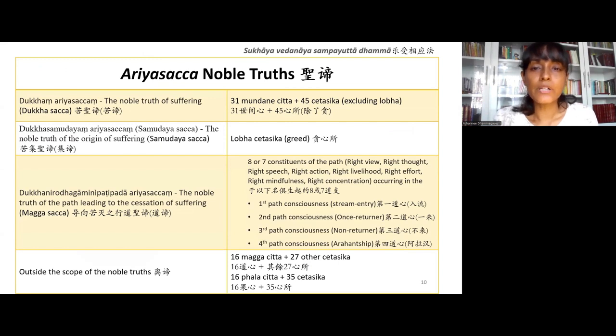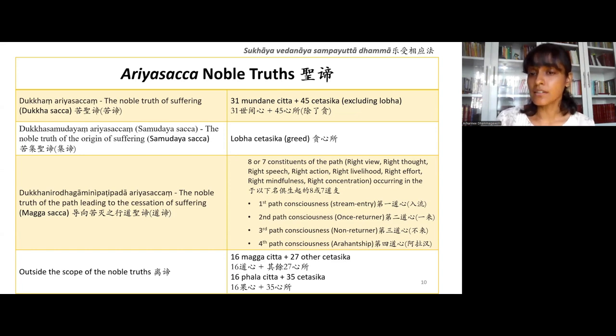Now, this is a table which summarizes what we mentioned in the previous slide. So we get 3 Noble Truths. Under Dukkha Sacca, we get the 31 mundane Chitta together with 45 Cetasika, excluding Lobha Cetasika. And Samudaya Sacca classifies the Lobha Cetasika. And Magga Sacca classifies 8 or 7 constituents of the path.